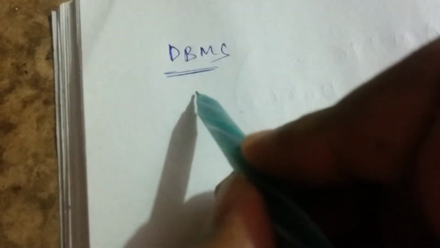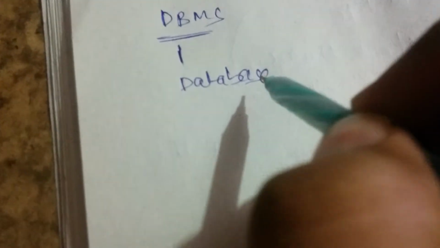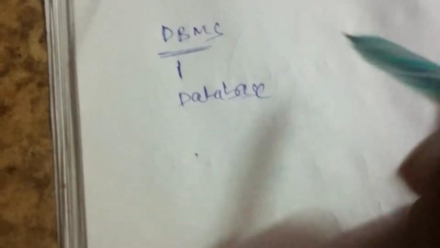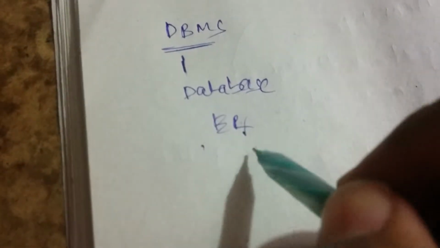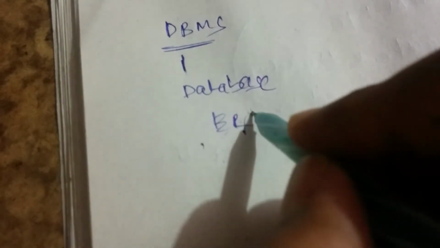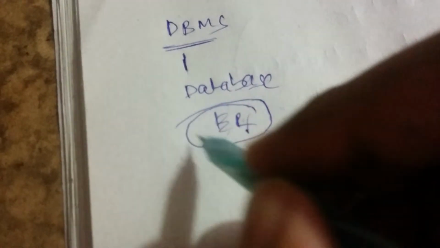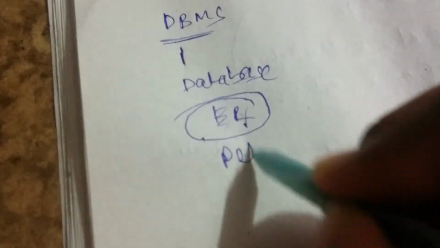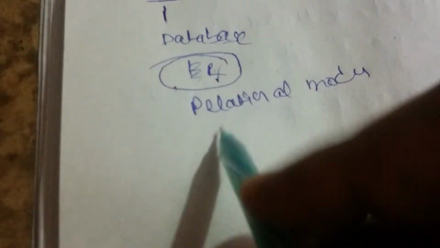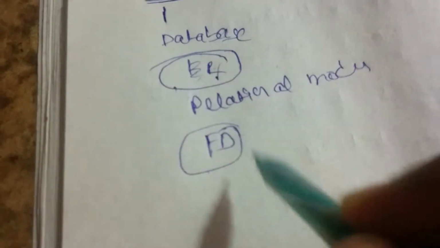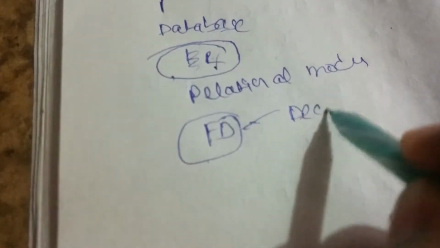in the same semester you may come across DBMS, database management systems. In this, you need to learn what a database is, how it works, what the different kinds of database are, and what ER diagrams and conceptual ER diagrams are. Then the relational model, functional dependencies, and decomposition.